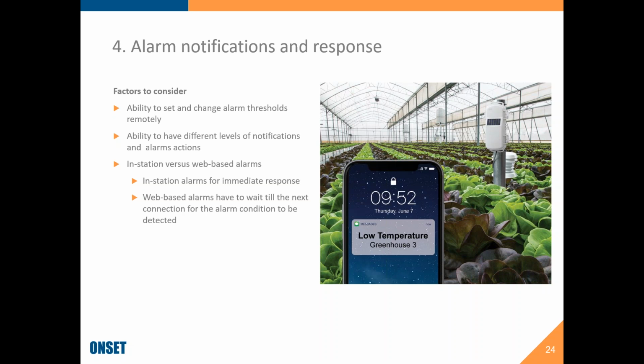And that'll give you the fastest alarm response. And there's also web-based alarms, which have to wait for the data to be uploaded. So if you're only uploading the data every hour, it could take as long as an hour for it to detect that your fields are in an alarm condition. So that's an important capability to look for if you're looking for fast alarm response.